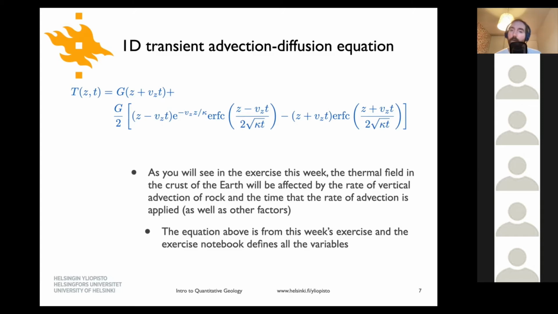Here we have a similar equation, but now solved in the case where time matters. As you can see, things get a little bit more complicated when we consider time, and you end up with some kind of nasty looking thing like this that you will also get to explore in this week's exercise.